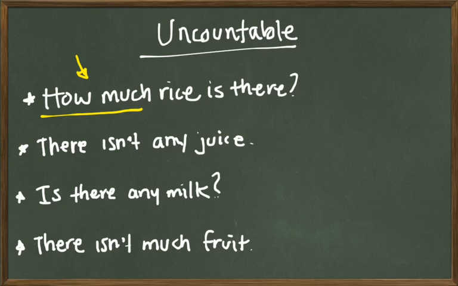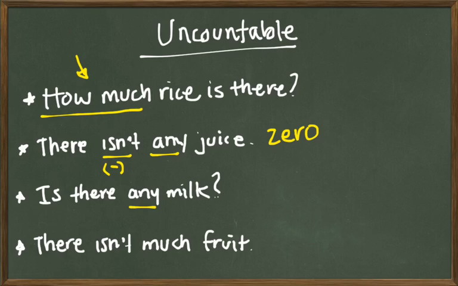In number 2, there isn't any juice. We're using an expression any with an expression in negative, and we're mentioning that the quantity of juice is 0. Not at all. No juice for us. In the third one, is there any milk?